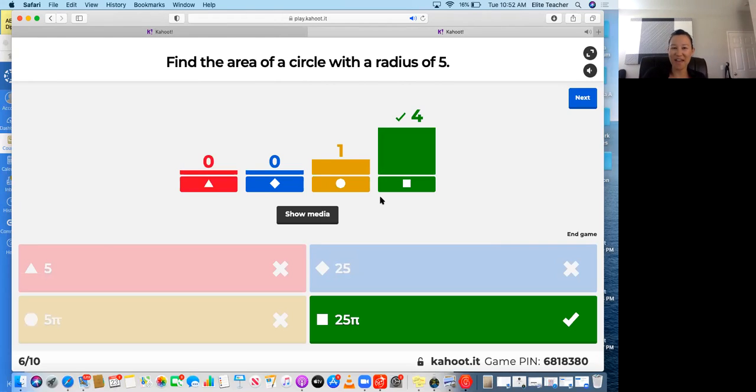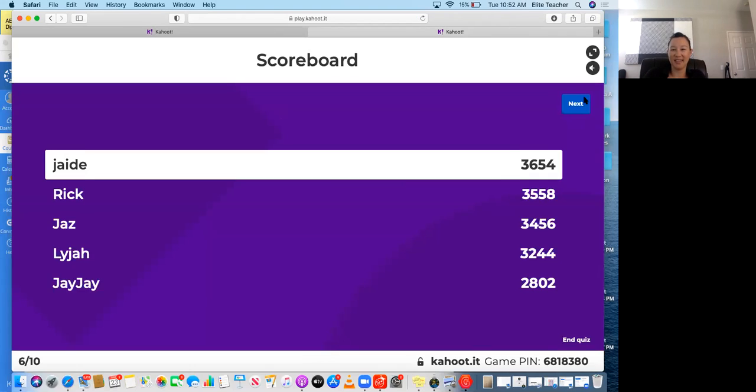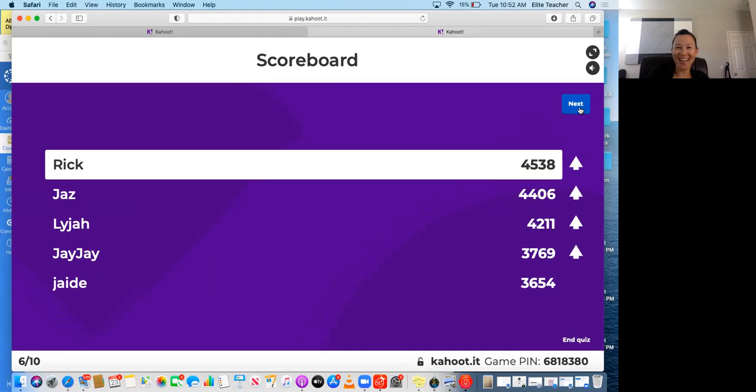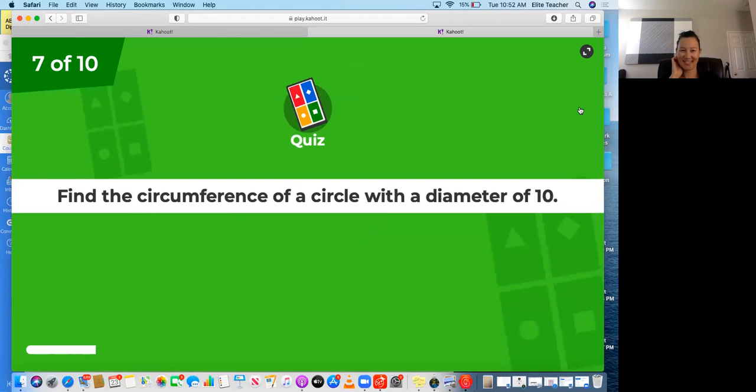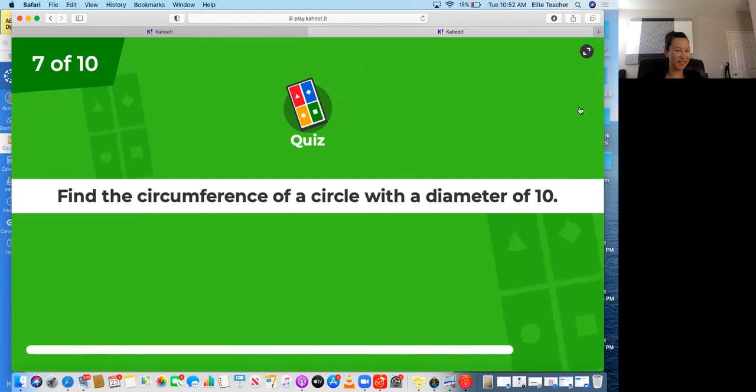There we go, 25 pi. Yep, square the radius, which is 25 times pi. Oh, Rick's in the lead. Okay. Oh, now the circumference.